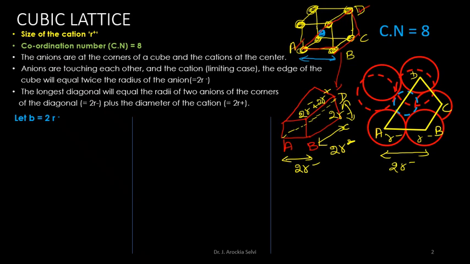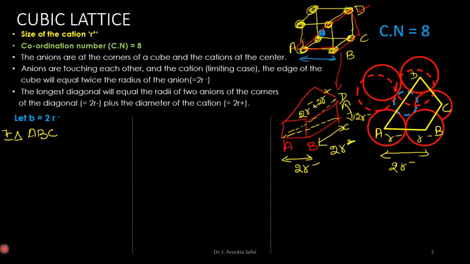Now we are going to calculate r plus by r minus. So we take this, let me rub this part. So here this is A, B, C and then D. This edge is 2r minus. Now take triangle ABC.